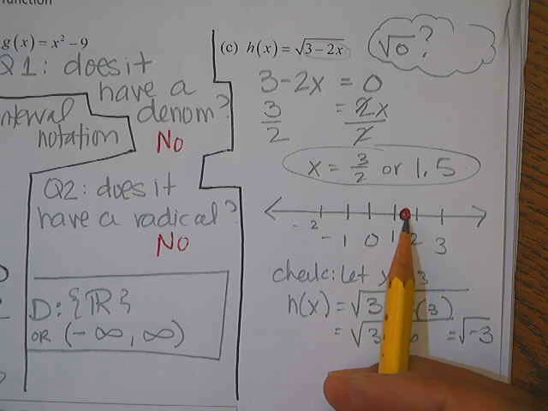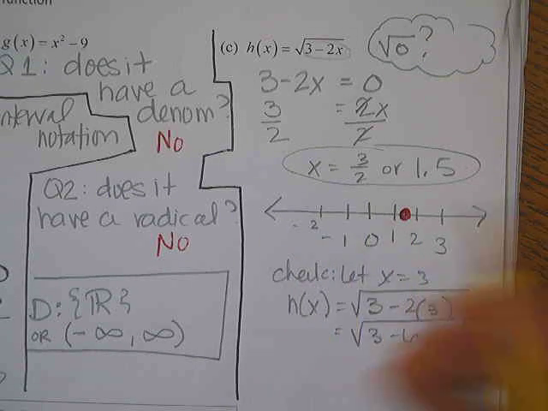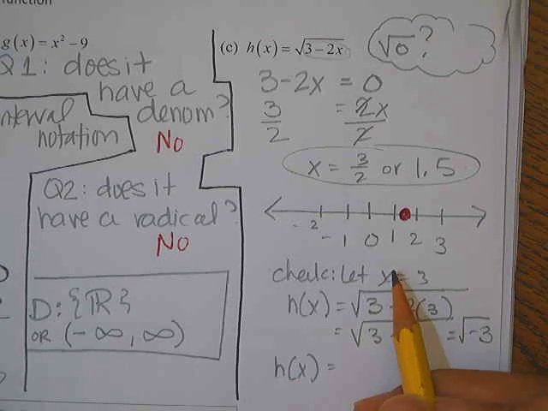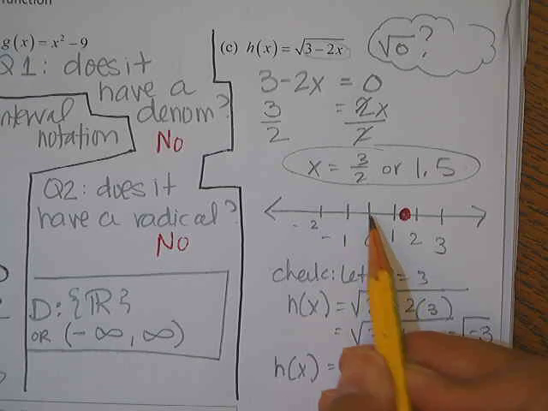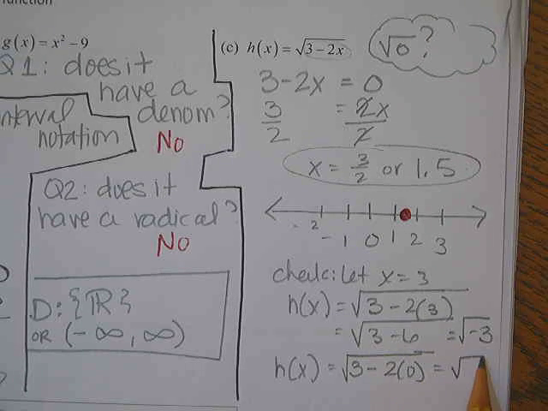Then let's pick a value on the left. You can pick 1, 0, -1, -2. Let's pick the easiest value, which is 0. I love 0. I mean, why would you not? Because anything multiplied by 0 is 0. So we're going to pick 0. 3 minus 2 times 0, and 2 times 0 is 0. 3 take away 0 is positive 3.